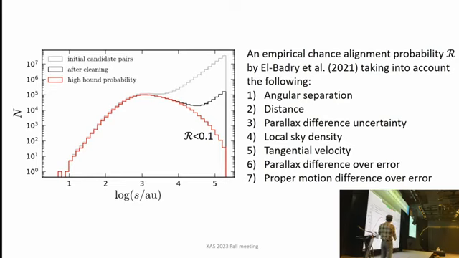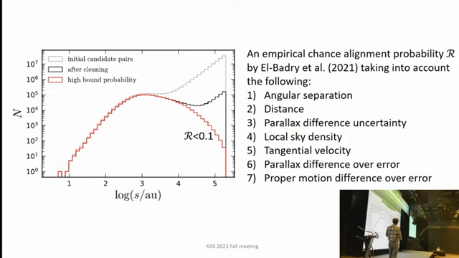So this is the initial candidate sample, and after cleaning, these people actually study chance alignment probability very carefully. One of the main contents of the paper is about this chance alignment, El-Badry et al. So I'm taking advantage of their results.